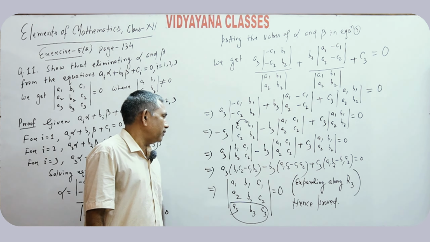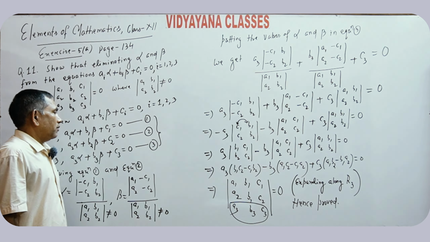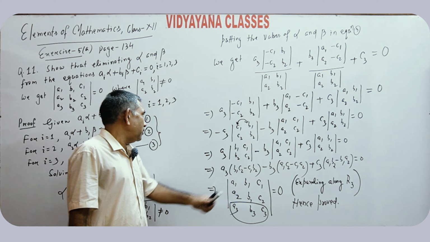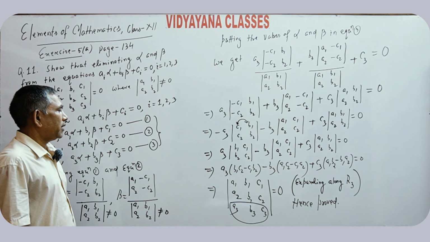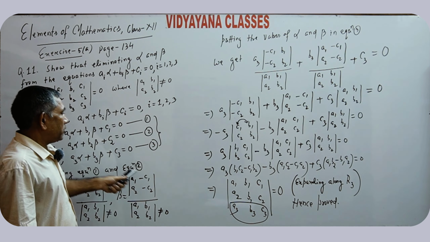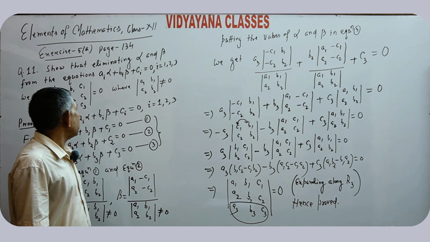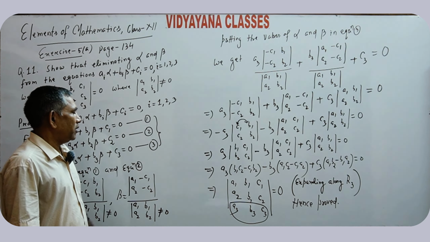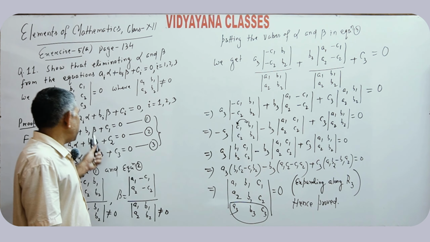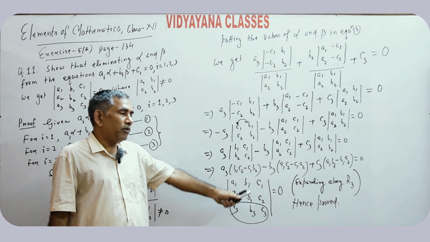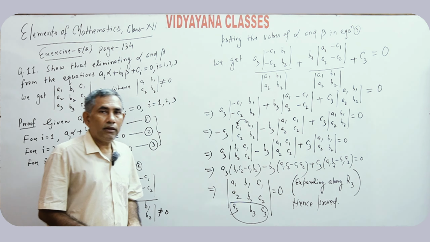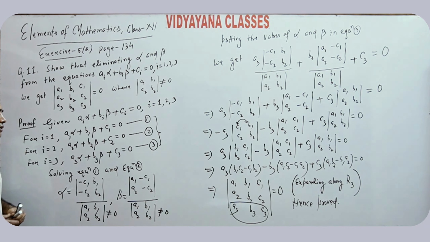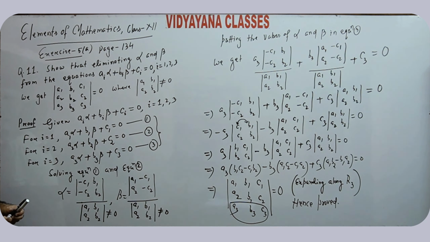This determinant contains no alpha and beta. So it is the elimination of alpha and beta from the system of equations, represent determinant of the constant terms is equal to 0. Hence the given statement is proved. Clear? Okay, write down.